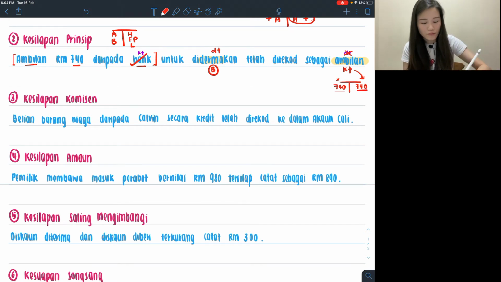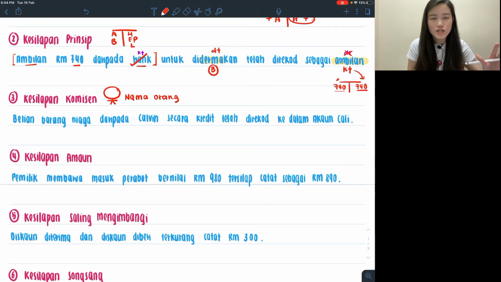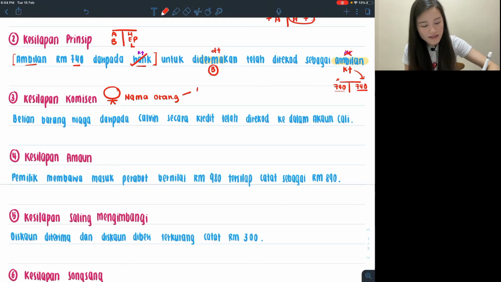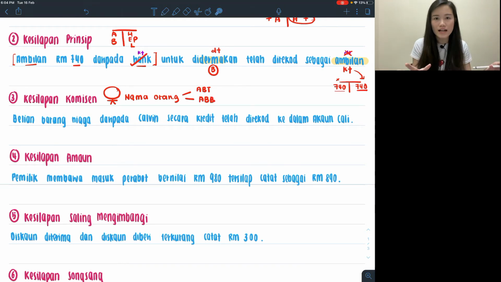This one is so simple because it's talking about a person, which is what I will say as nama orang is the characteristic. Okay, person's name. So what's happening now is it's either account belum terima that is getting involved or account belum bayar. How to tell? You look at the urus niaga, is it buying or is it selling? If it's buying, then of course it's going to be account belum bayar.